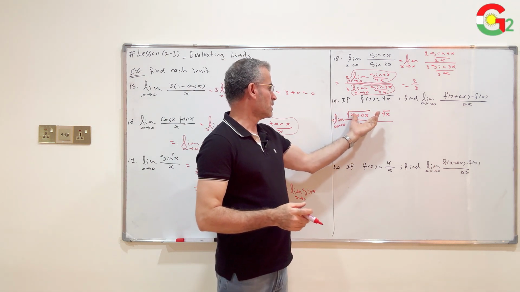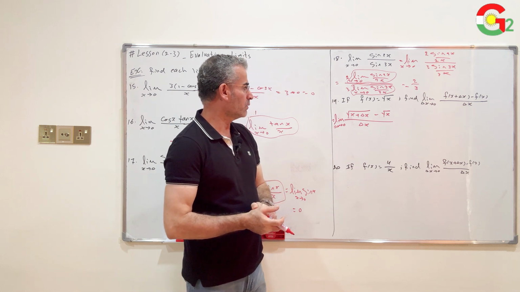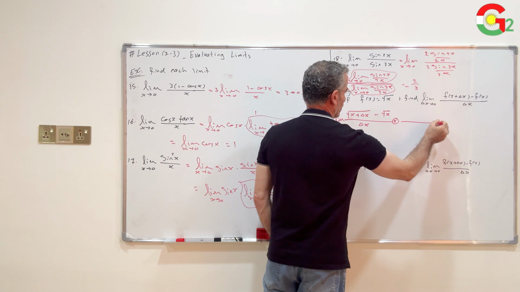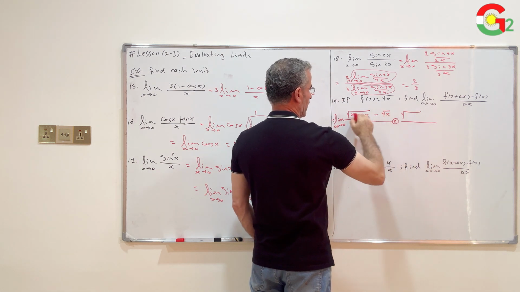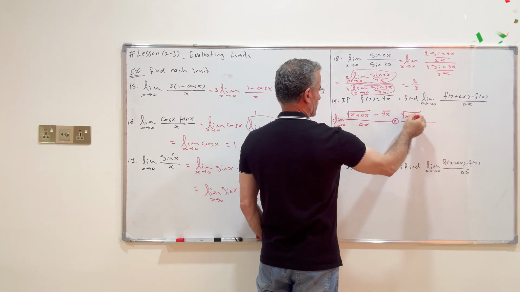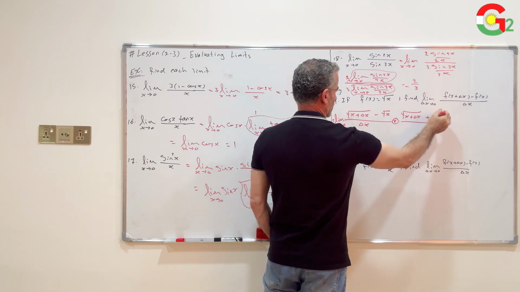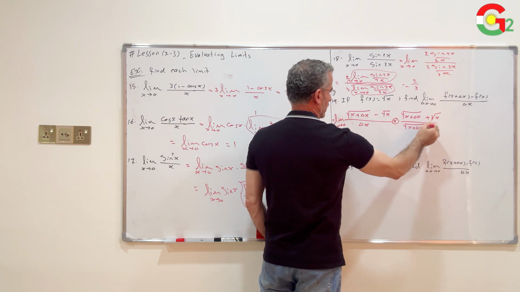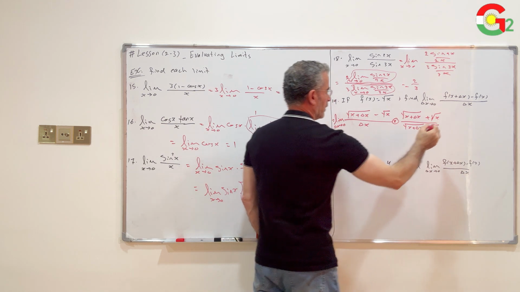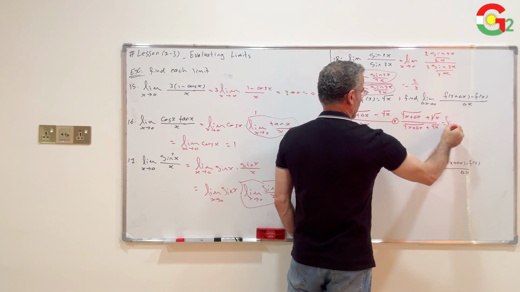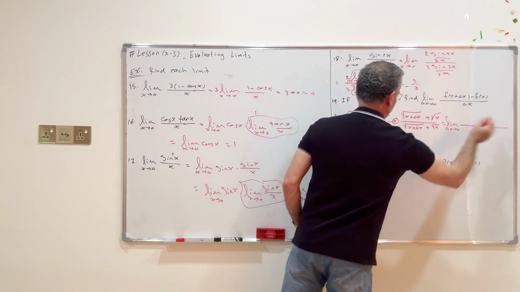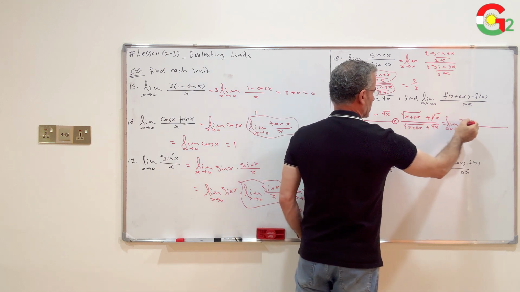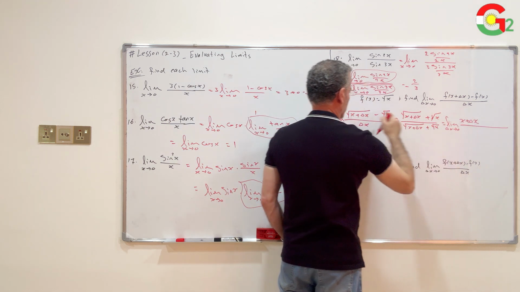But since we have two square roots in the numerator, I can multiply by the conjugate of the numerator. The conjugate is the same expression with the reverse sign: square root of x plus delta x plus square root of x, over square root of x plus delta x plus square root of x. This equals the limit as delta x approaches 0 of square root of x plus delta x times square root of x plus delta x, which is x plus delta x.